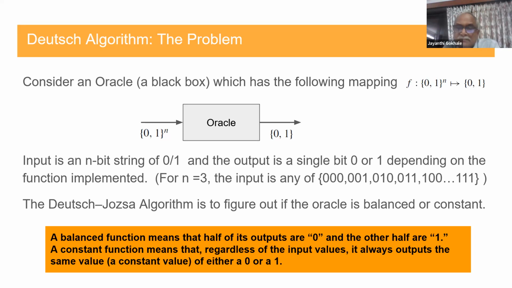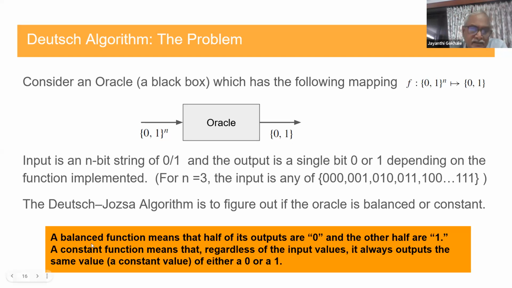Now, what do you mean by balanced or constant? Remember, the oracle is implementing a function, correct? So when I say that my algorithm tries to figure out if the oracle is balanced or not, it figures out whether the function implemented is a balanced function or a constant function.